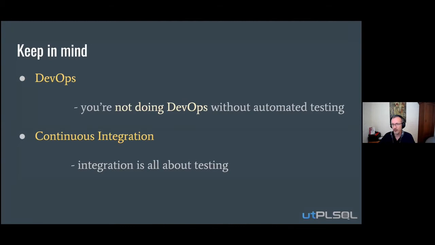So how do you make sure that it works together if you don't have an automated suite of tests? And how can you deploy continuously to production with confidence if your software is not tested automatically? So your software testing should be part of your DevOps and your continuous integration, so that each time you change your software, you run your tests as part of the continuous integration or automation, and those tests validate that the software is working correctly.